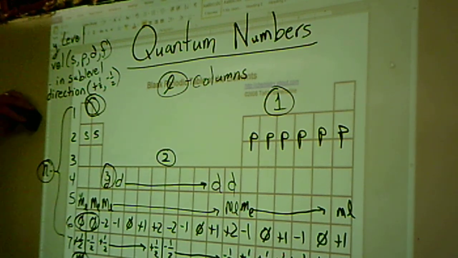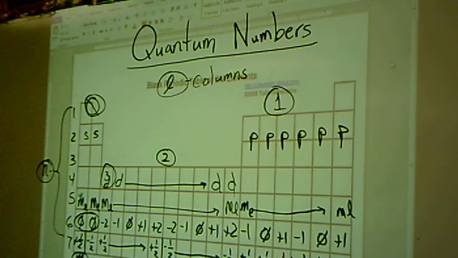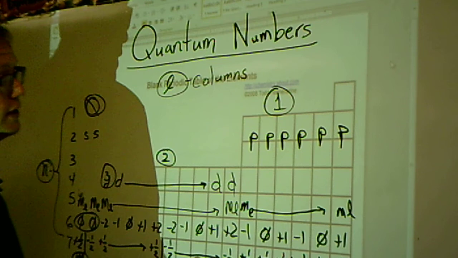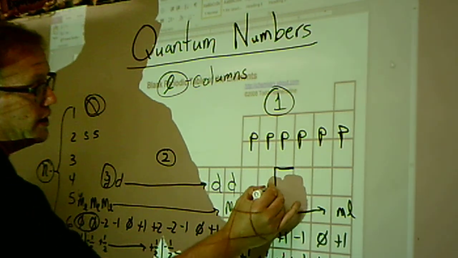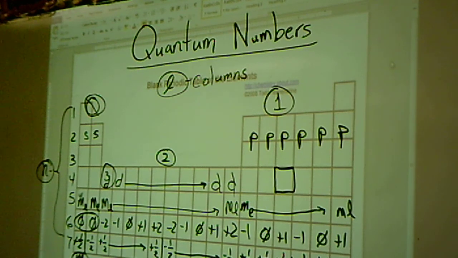As far as doing individual elements on here, just remember there's only one set of quantum numbers for each element. Different elements cannot have the same set of quantum numbers. They usually ask questions based on position and that set of quantum numbers.